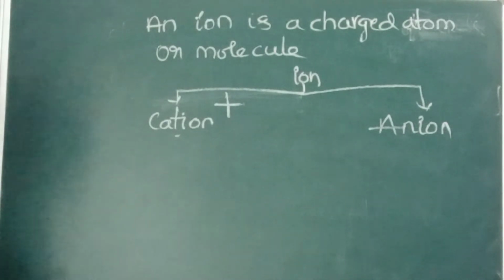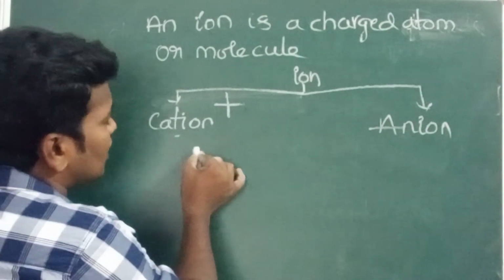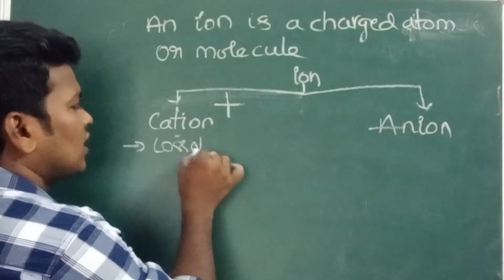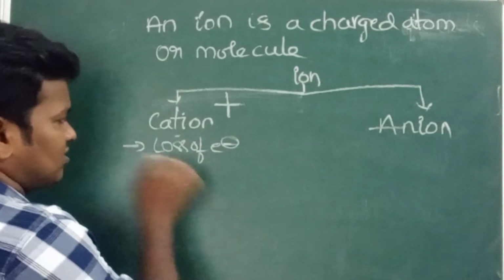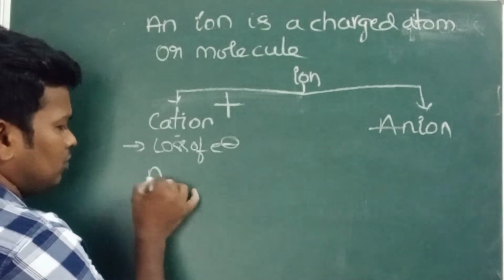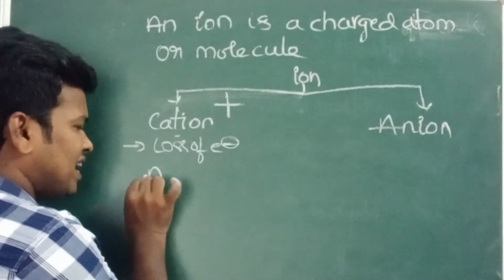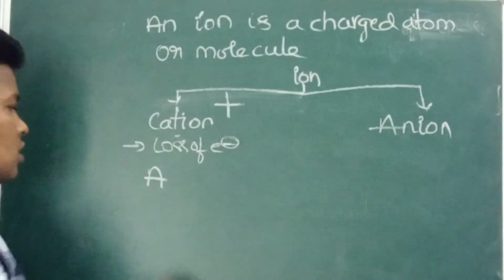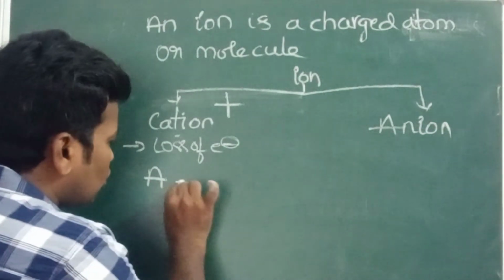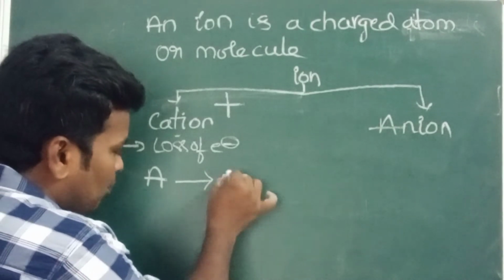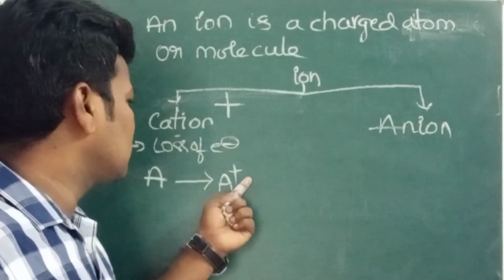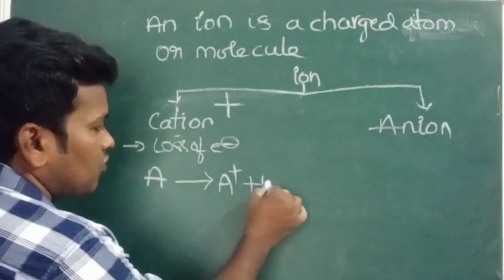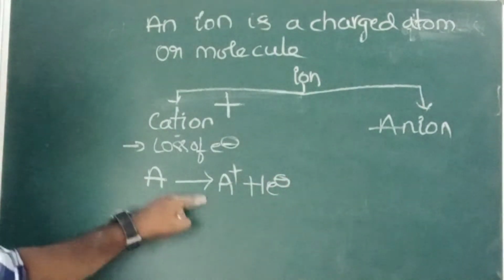So cations are formed by the loss of electrons. For example, I am taking one atom, called atom A. If it loses an electron, it will become positive. In chemistry, positive means losing electrons. So if it loses one electron, that is called a cation.